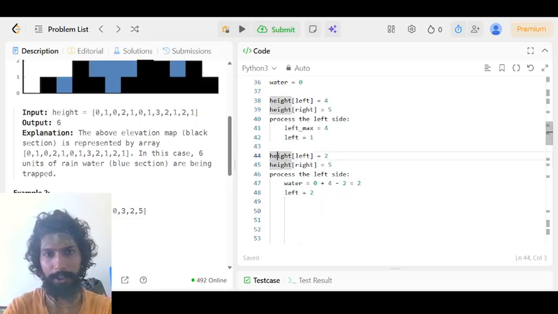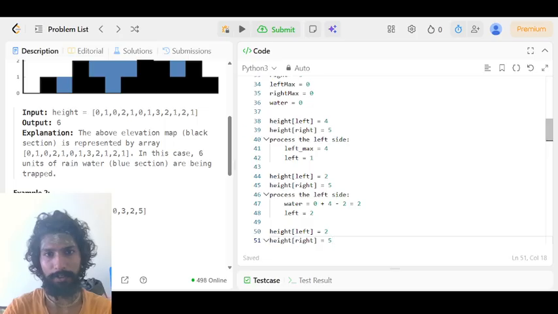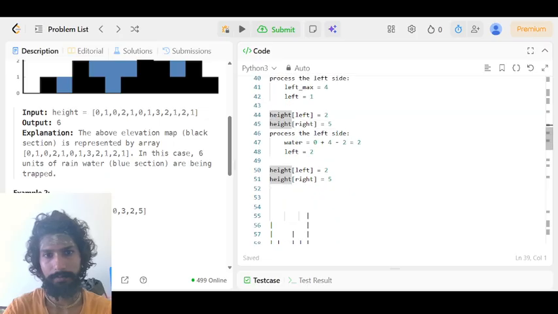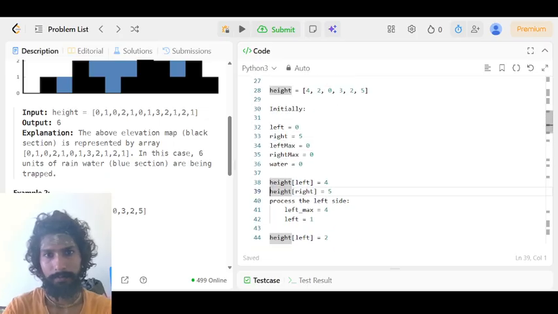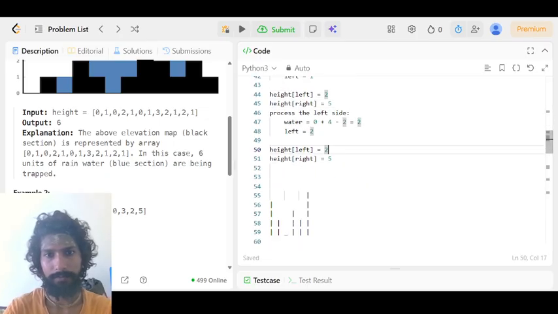Now my height of left and right will again update. Height of left will become equal to 0. I will again process the left side.